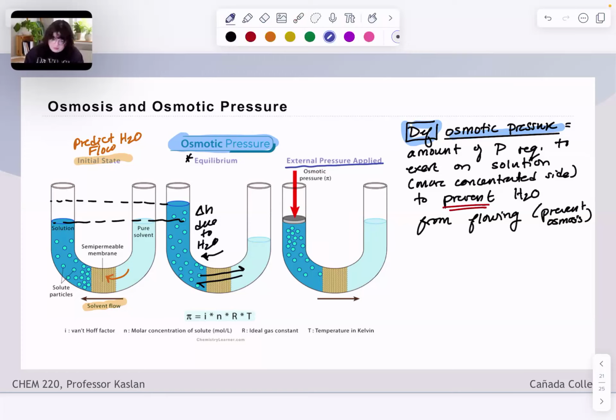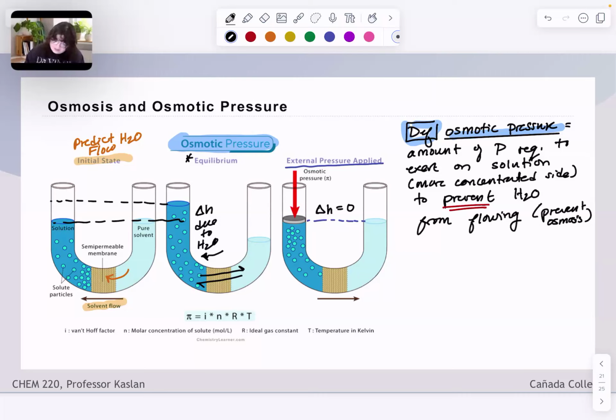We have to maintain an equal height. So the osmotic pressure is the amount of pressure we have to exert to prevent any height difference in our U tube due to the water molecules flowing through a semi-permeable membrane.